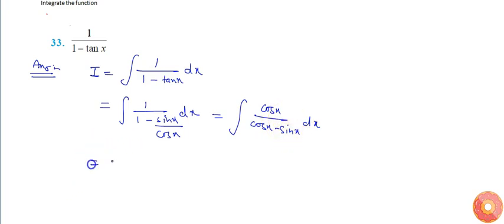So if I multiply 2 by 2 on both numerator and denominator, I'll get 1 by 2 integration of 2 cos x by cos x minus sin x dx.